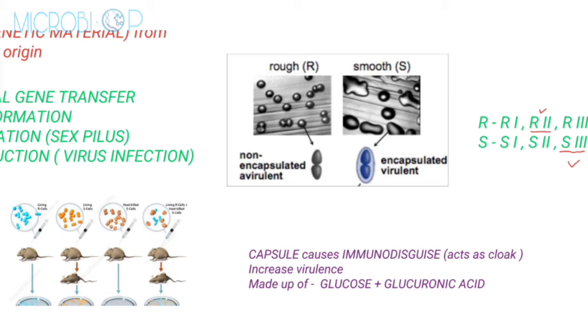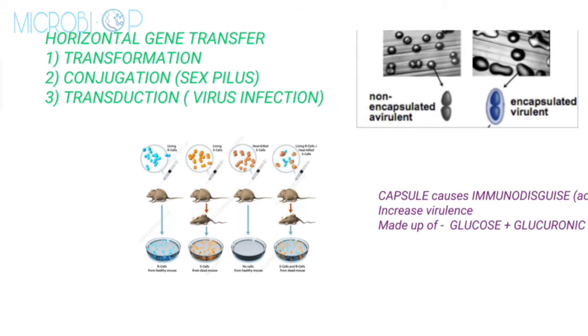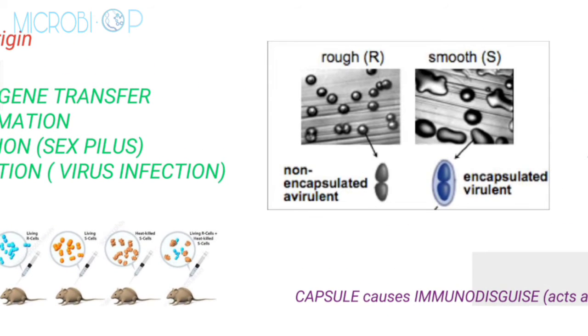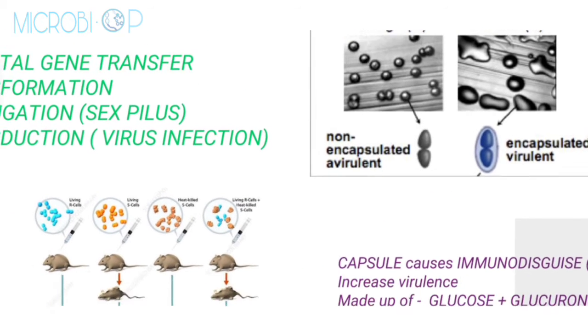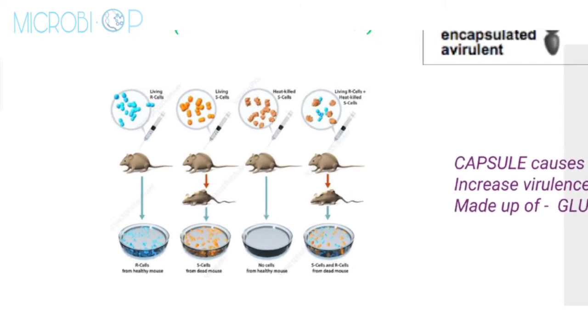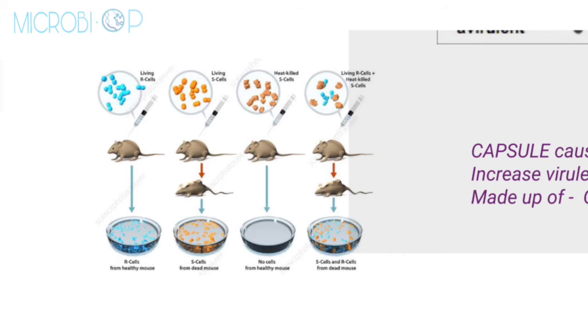The smooth colony is virulent due to the capsule, which acts as an immunodisguise, and the rough colony is non-capsulated, produces rough colonies, and is avirulent. The immune system recognizes it due to the absence of the capsule and destroys it. Now coming to the experiment.